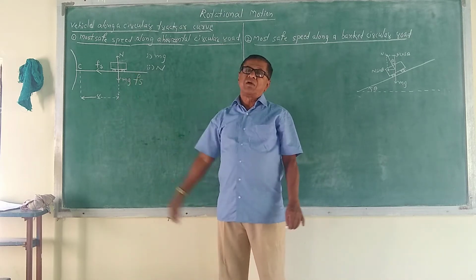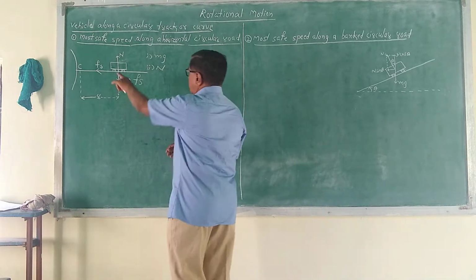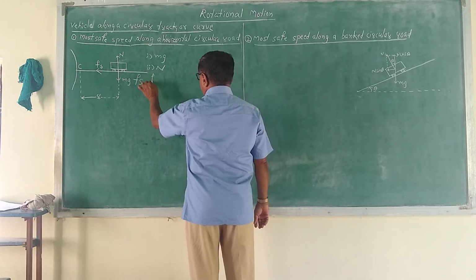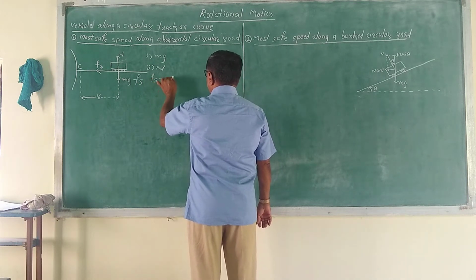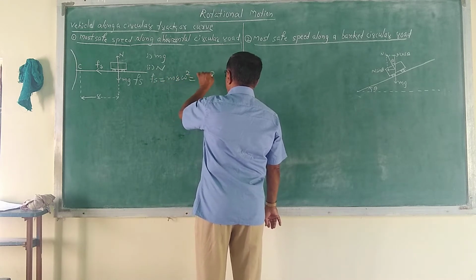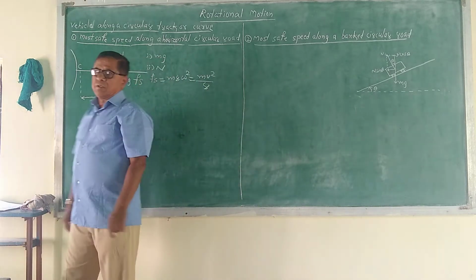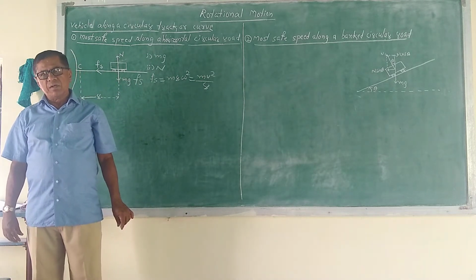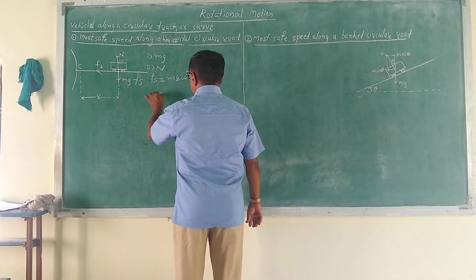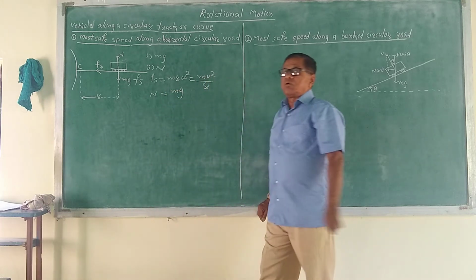The centripetal force is supplied by the force of friction, and therefore Fs is equal to mr omega square, which is equal to mv square upon r. Now according to the diagram, the weight is balanced by the normal reaction, and therefore the normal reaction N is equal to mg.